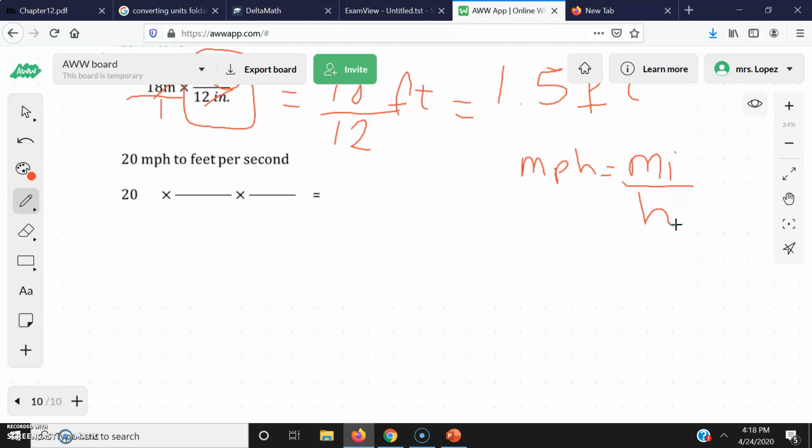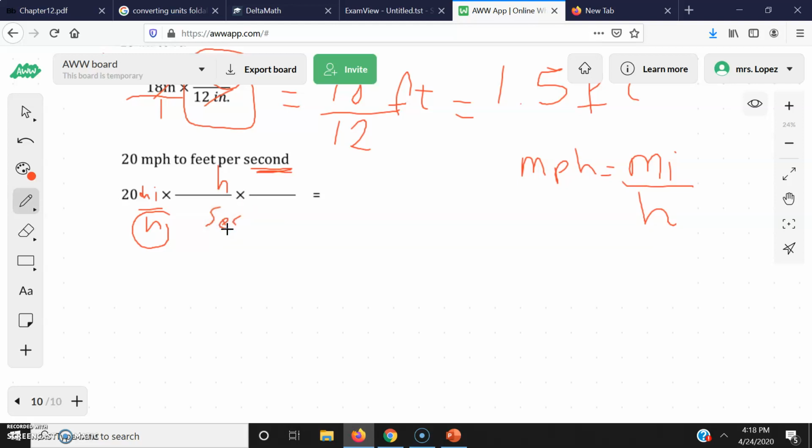So now I have 20 miles over hour. And I don't want hours, I want seconds. So remember, here, hours is in the denominator. I am going to have hours in the numerator, so they cancel. And in this case, seconds is in the denominator.